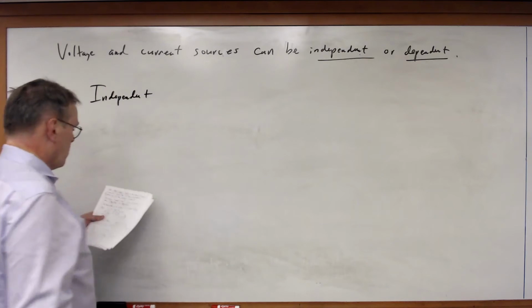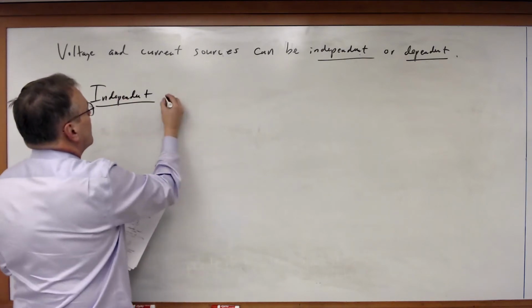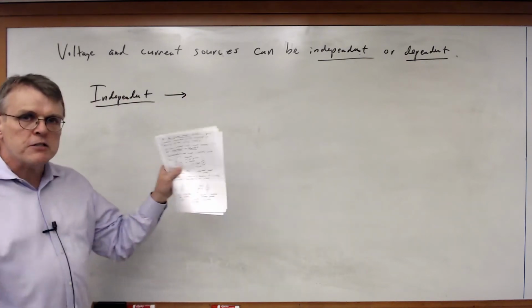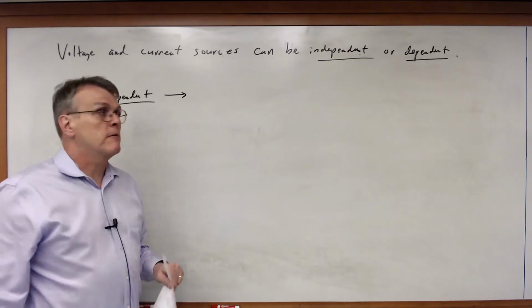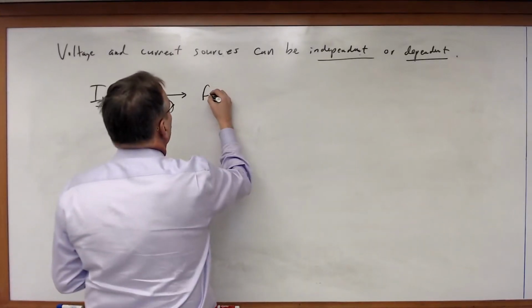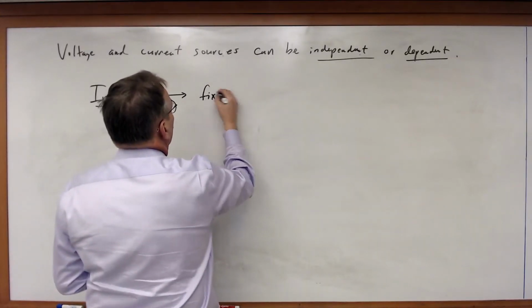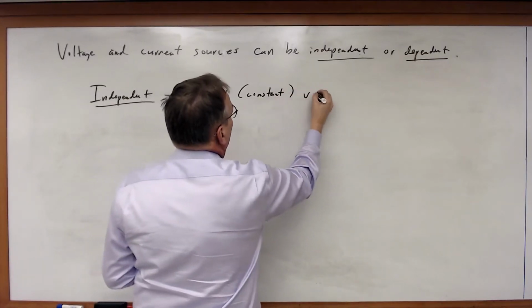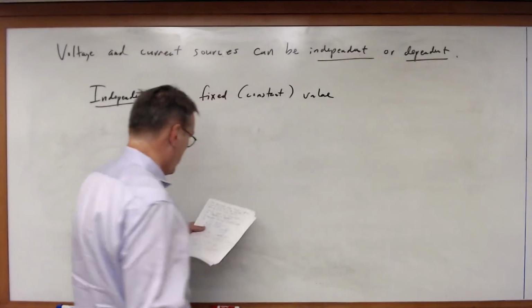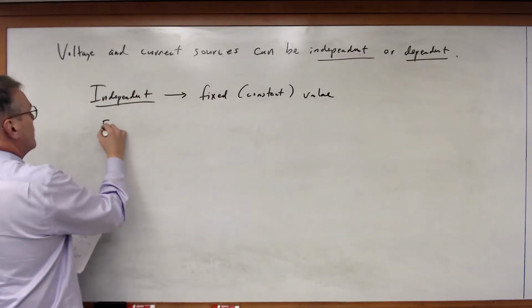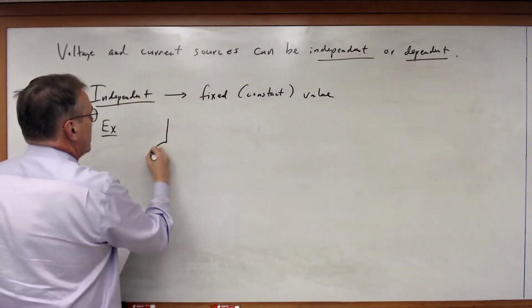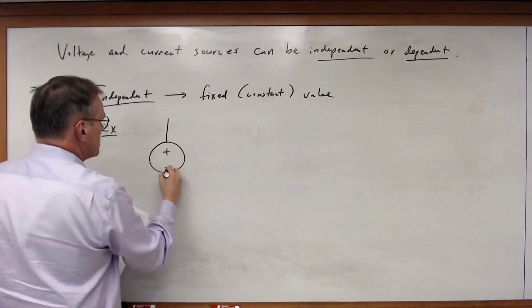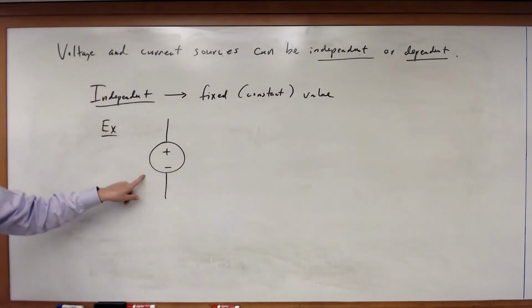An independent source has a fixed or constant value. It doesn't change. So for an example, an independent voltage source is drawn like this.